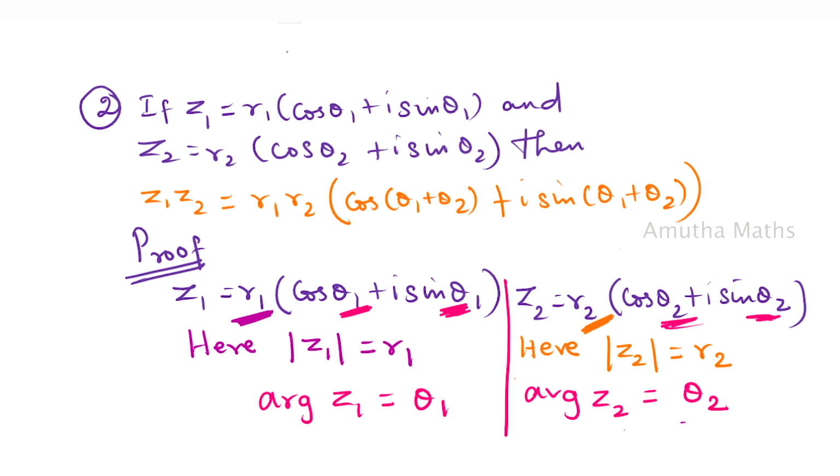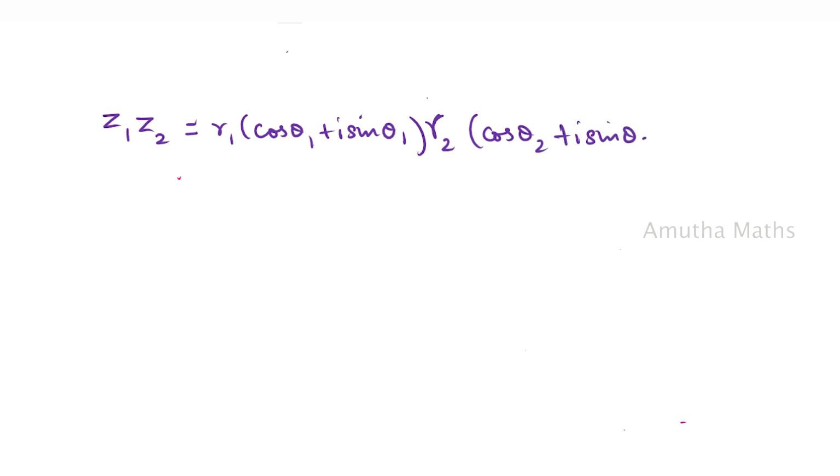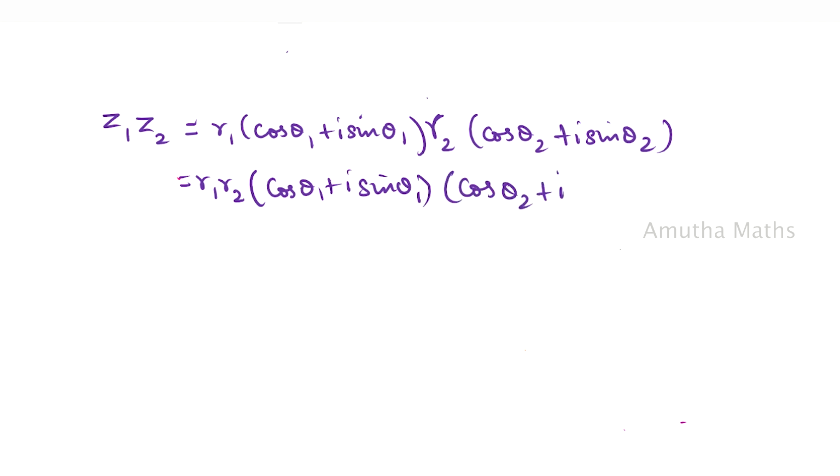Okay. Now, we shall multiply both the complex numbers. What is Z1 into Z2? That is R1 into cos theta 1 plus I sin theta 1, into R2 into cos theta 2 plus I sin theta 2. That is equal to R1 R2 into cos theta 1 plus I sin theta 1 into cos theta 2 plus I sin theta 2. What will you get?